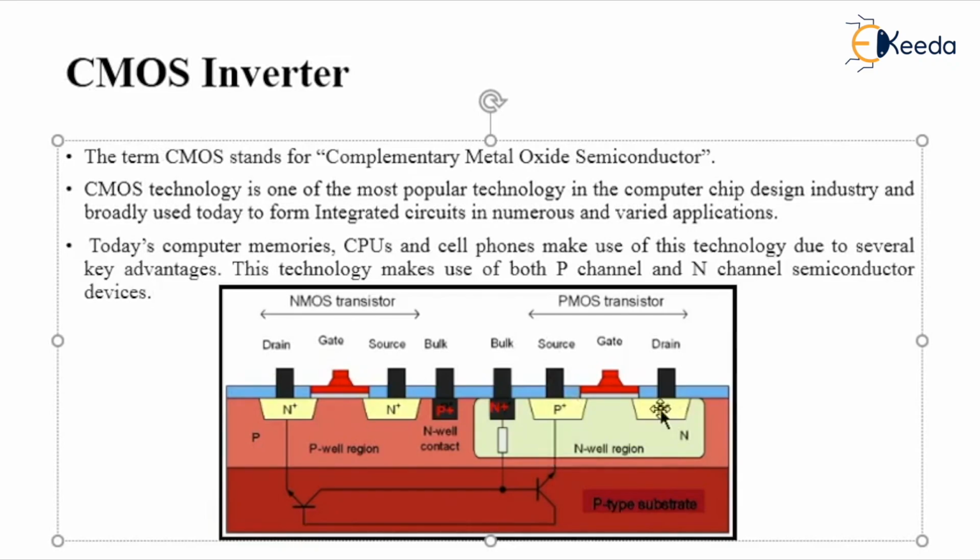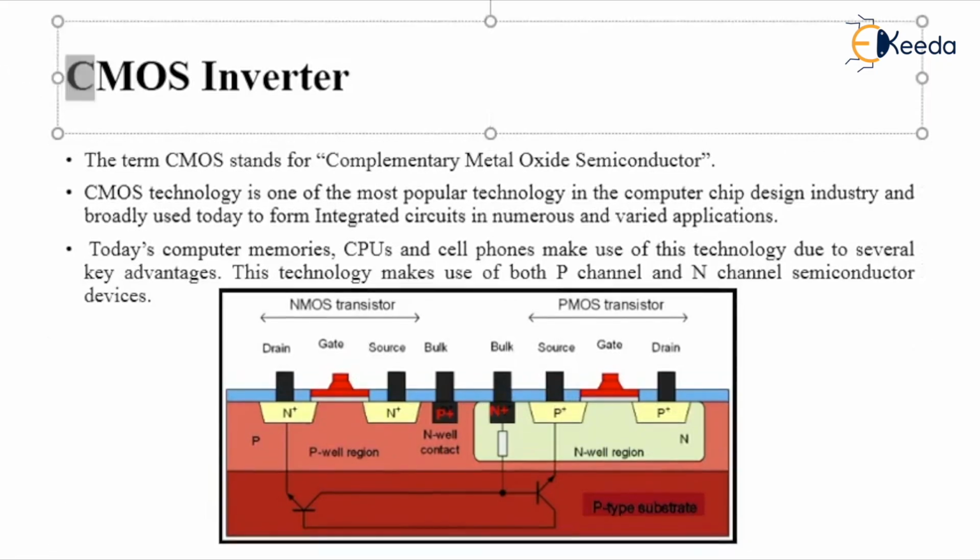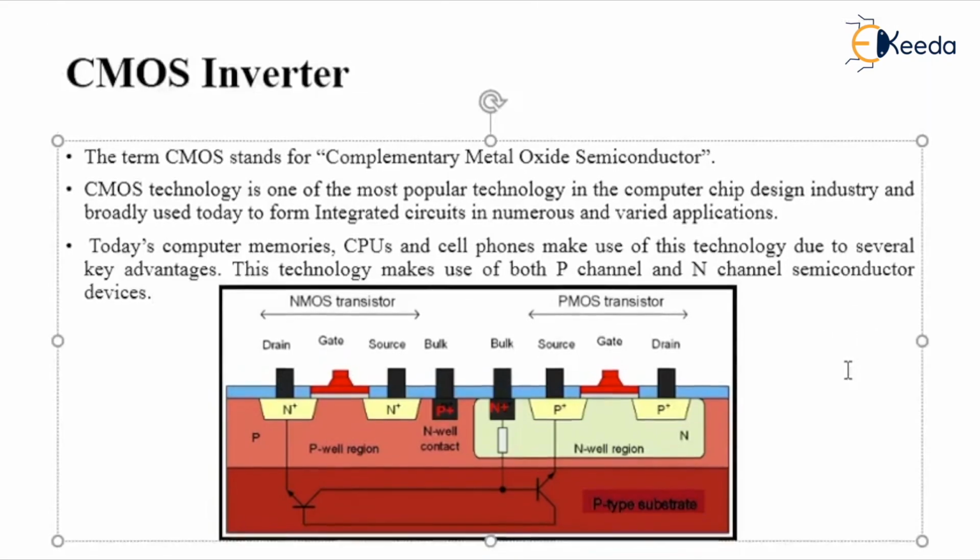If you see the picture clearly here, this is the PMOS transistor and this is the NMOS transistor. If you combine these PMOS and NMOS, we get the complementary metal oxide semiconductor inverter. I said that for any MOS fabrication, the substrate should be opposite to the device type.